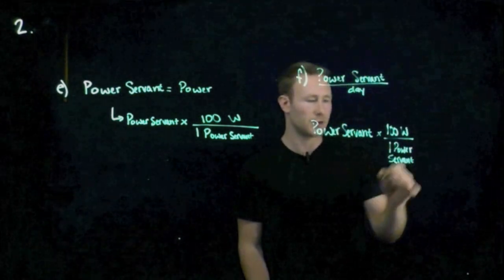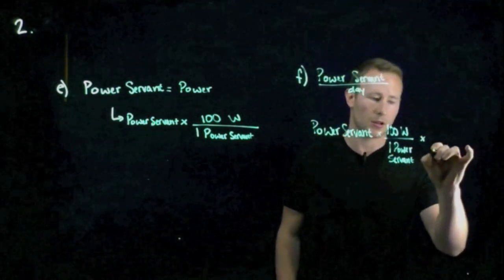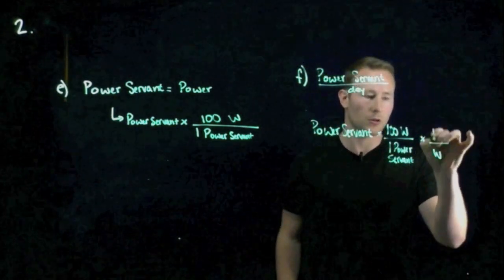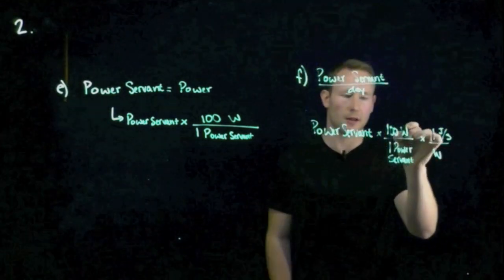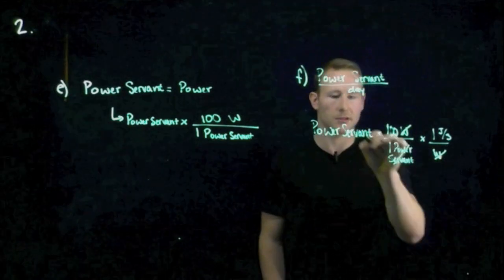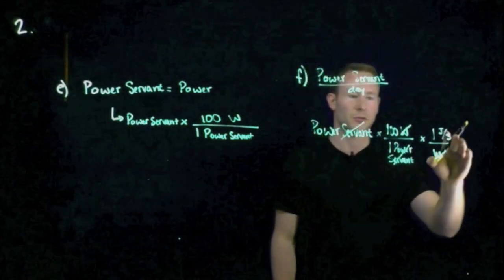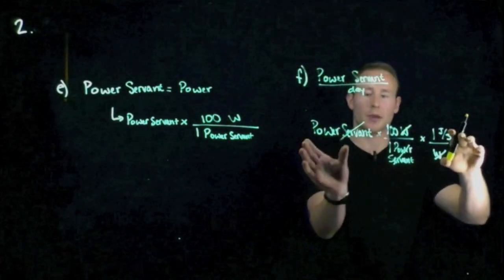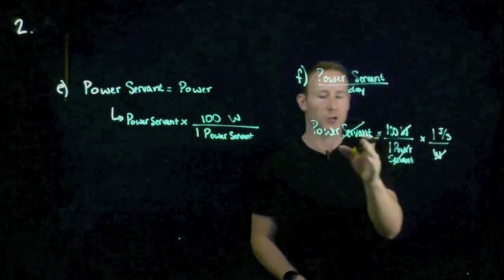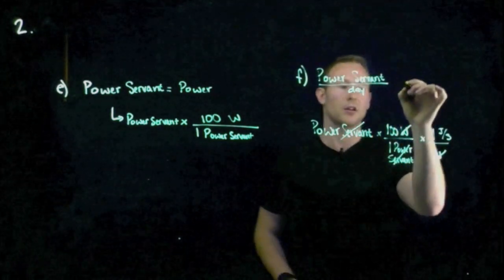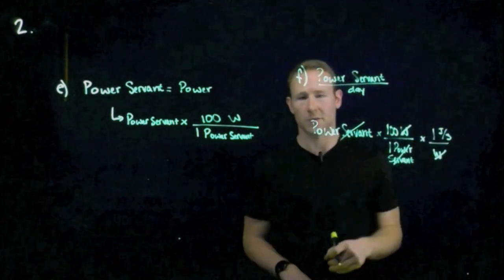And we know that a watt is equivalent to 1 joule per second. Okay, so as we go through and do our unit analysis, we can cancel these out, and we see that we're left with joules per second. So power servant is equivalent to a unit of joules per second, which actually turns out to be 100 joules per second. But we don't need to worry about the quantity so much as we do the units.